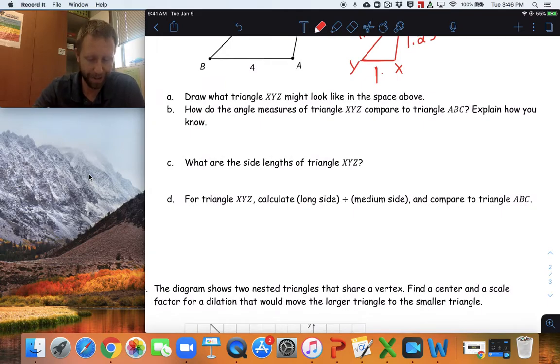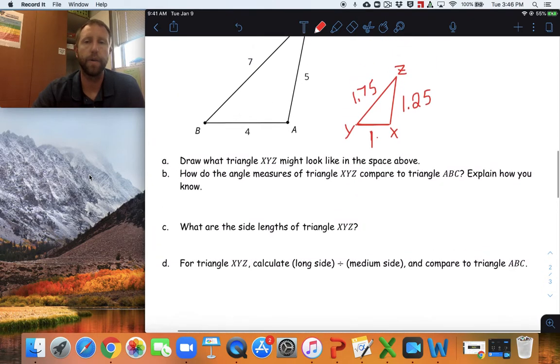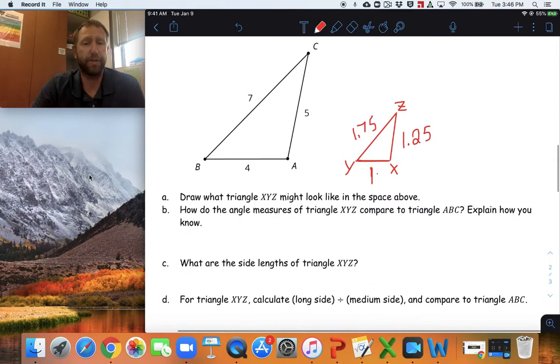How do the angle measures of triangle XYZ compare to the triangle ABC? Explain how you know. Okay. Well, I just drew it the best that I could, so I can't go based off of my drawings. I don't have a grid here. I can't say for sure that I actually drew a perfect representation of XYZ.